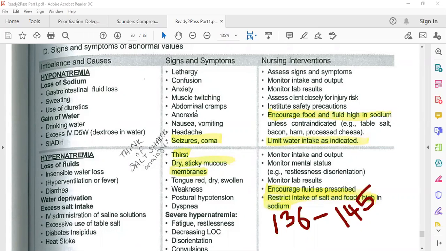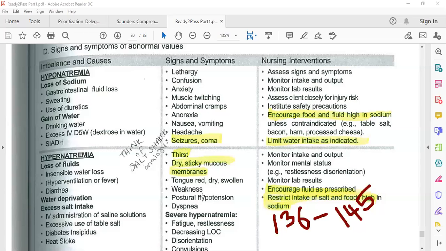Or the patient develops postural hypotension, which means when the patient changes posture, the blood pressure drops. If the patient has hypotension, what about the heart rate?